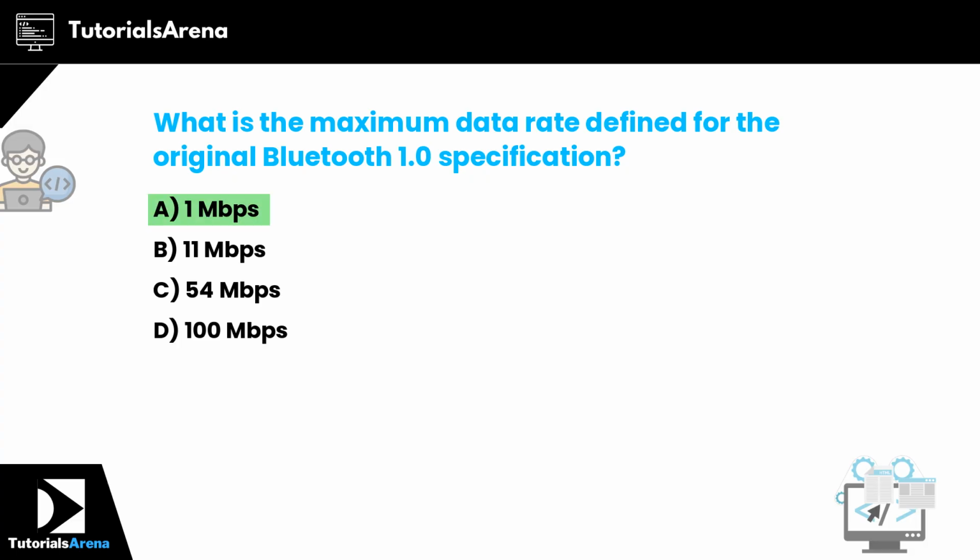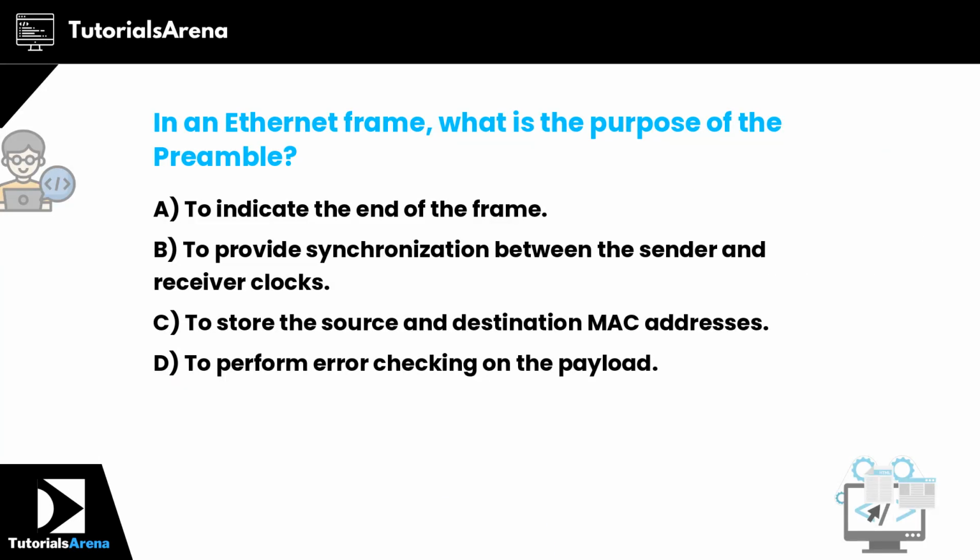The correct answer is option A, 1 megabit per second. In an Ethernet frame, what is the purpose of the preamble? The correct answer is option B, to provide synchronization between the sender and receiver clocks.